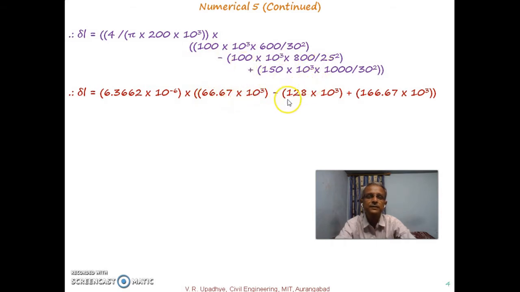For segment 2 it gives minus 128 into 10 to the power 3, and for segment 3 it gives this value. If you sum it together, you need to take care that for compression it is negative. If you take the sum and multiply it with this value, you will get the change in length of the complete structure. That gives you 0.671 millimeter. Everything is in Newton and mm, so your answer will be in millimeter. So this is regarding this second numerical.